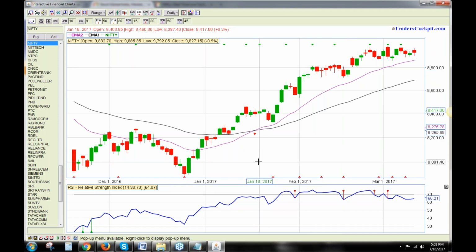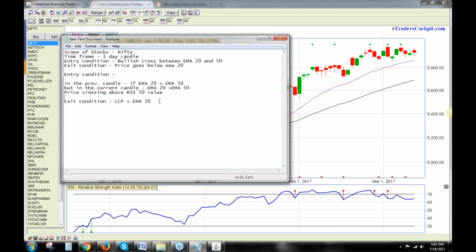So that was not a crossover condition, but the RSI was moving well above the 50 level. So rather than taking RSI crossover, we can add a filter that the RSI value should be greater than 50 at that point of time. Not a crossover, but only RSI value greater than 50.